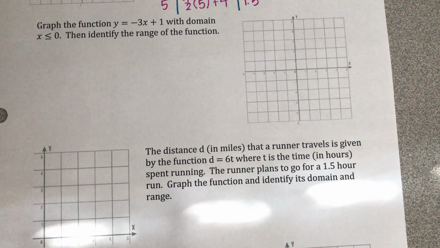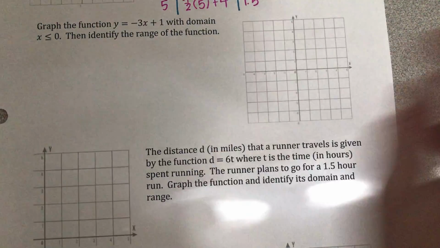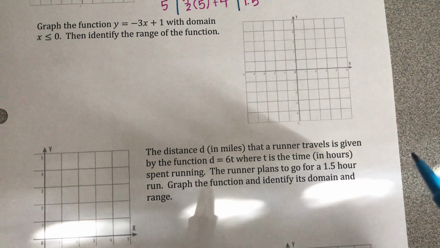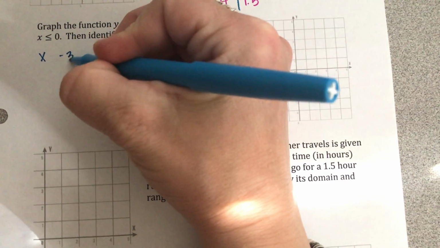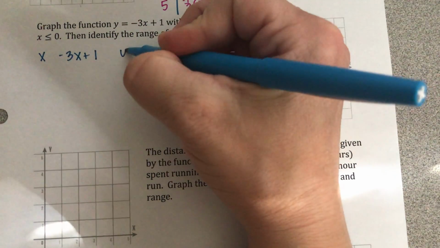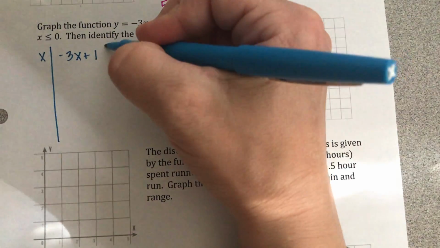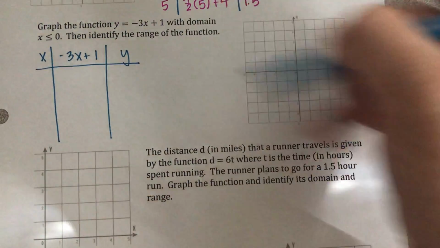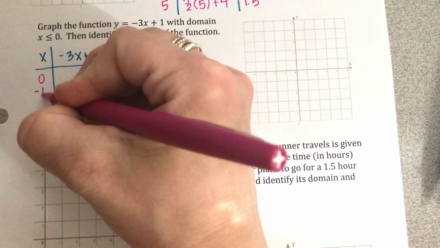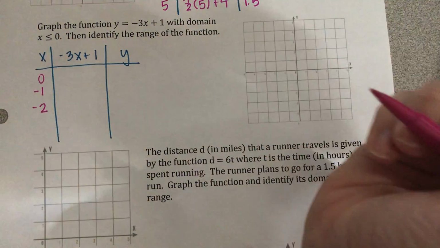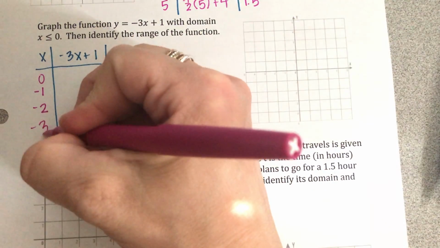Okay, it says graph the function y equals negative 3x plus 1 with domain of x is less than or equal to 0. Okay, so we have x, negative 3x plus 1, and then y. So this time, it says that the domain is less than or equal to 0. So 0, negative 1, negative 2, negative 3.